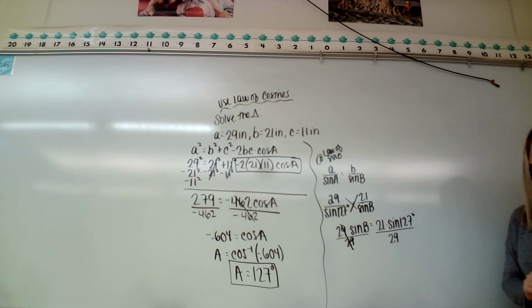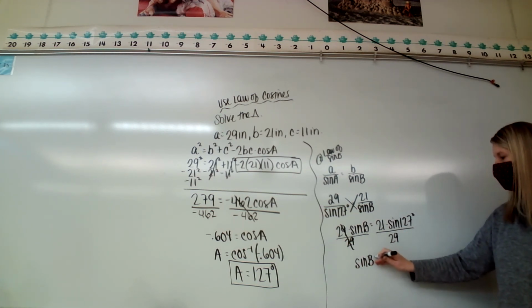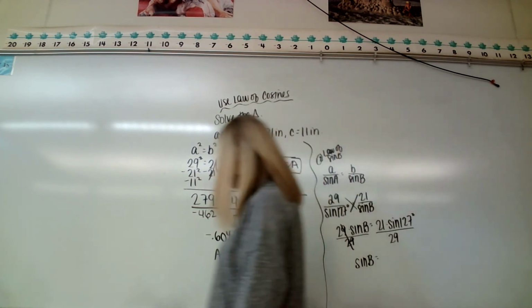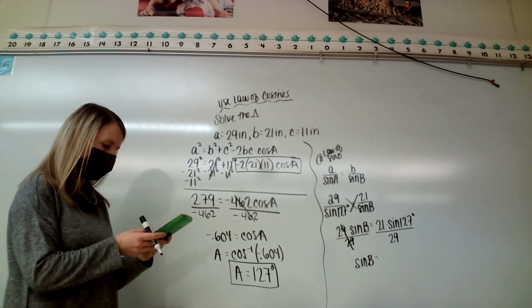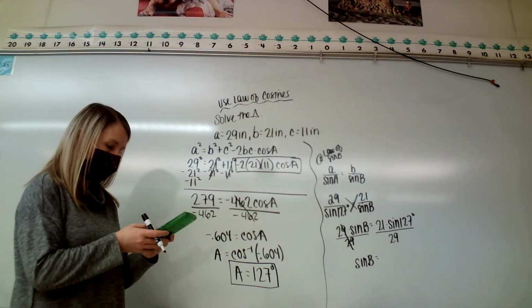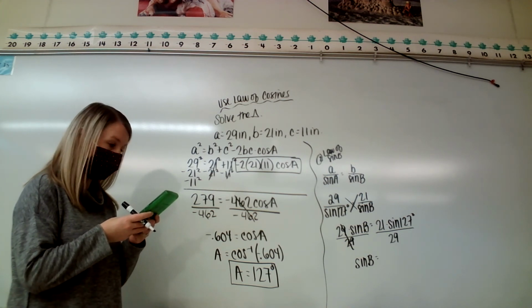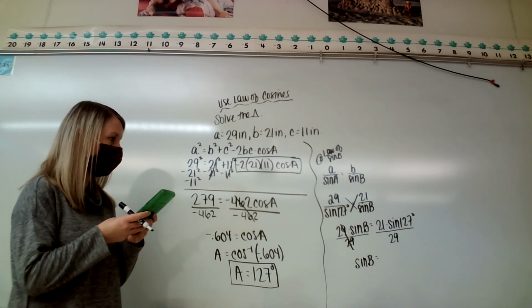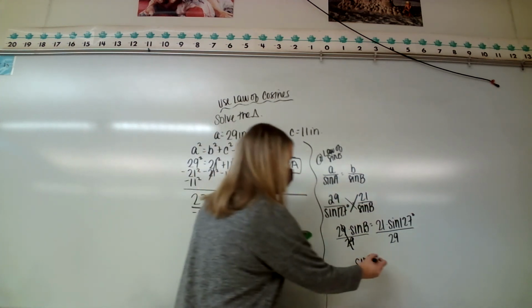And we grab our calculator, right? 99% of what we do is the setup, and then the actual computation, we leave to the technology to do. So when I throw that in my calculator, what do I get? Sorry, I'm making sure I plugged it in right. 21 times sine 127 divided by 29 equals 0.578.